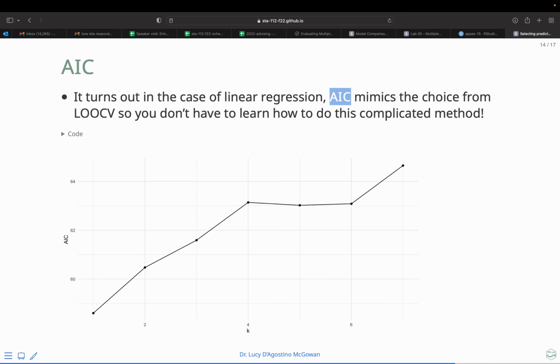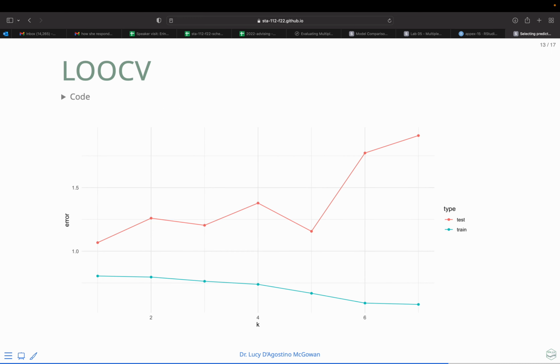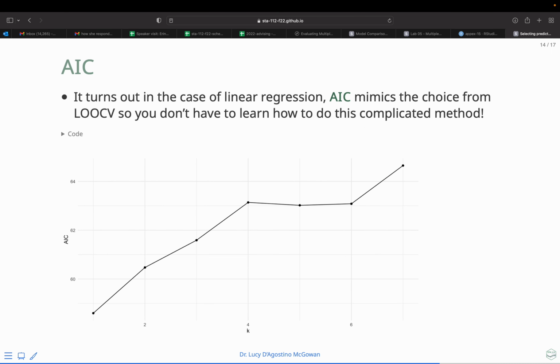So for AIC, is it better to be bigger or smaller? Smaller, exactly. So the one that has the smallest AIC is going to be this first one, the model that just has X1. So that would be the best one here, which is the same one that I got when I did leave one out cross-validation. So what this is saying is that we can use AIC.